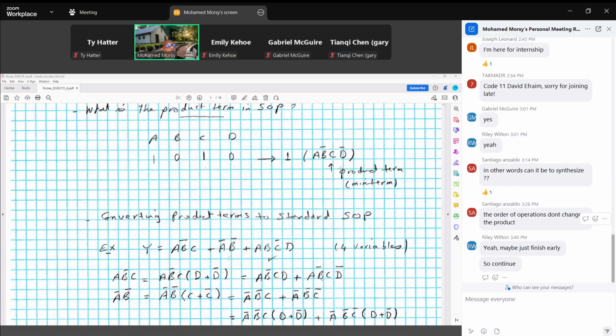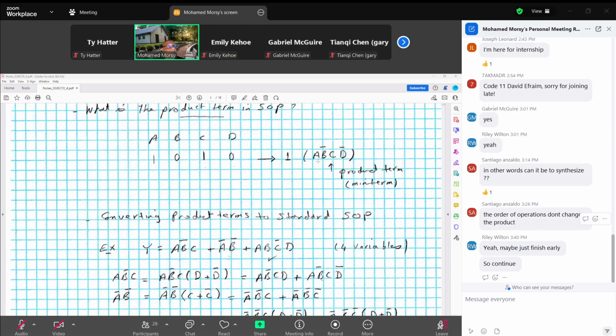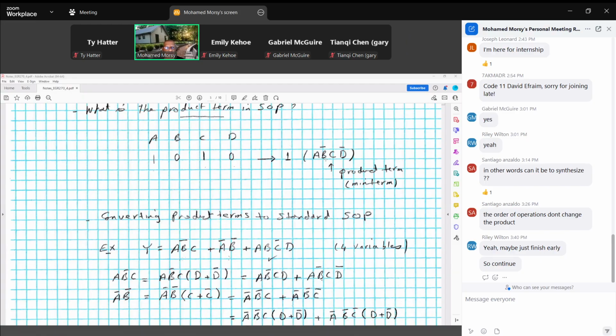So when we look at the product term, for example, here, we have A, B inverted, C, D inverted. This means as inputs, A is 1, B is 0, because we use the B inverted here. C is 1, and D is 0, the original variables.